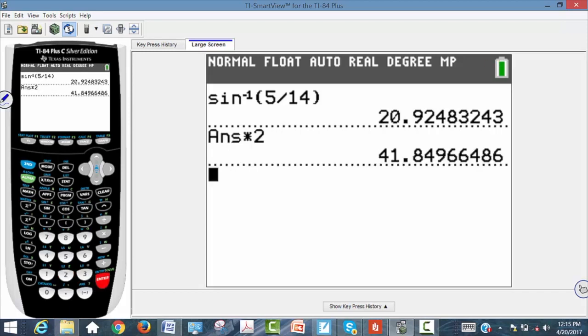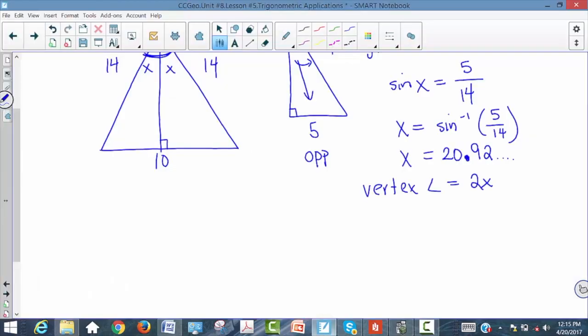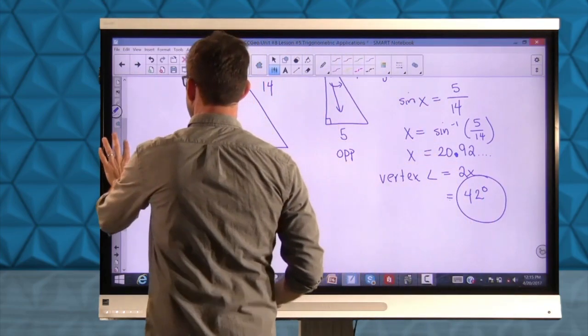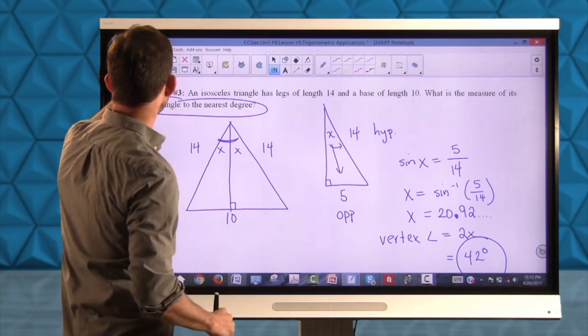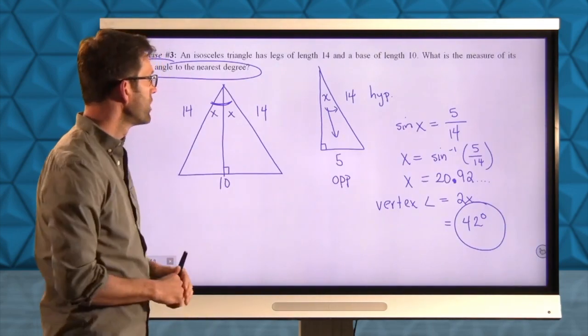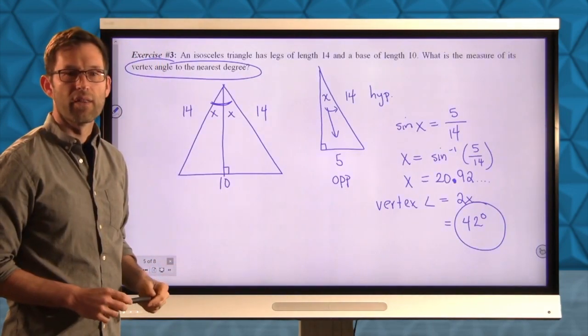Not surprisingly, I'm going to get a rounded answer of 42 degrees, 41.849, etc. So 42 degrees. All right. Let me go back into full screen so you can write down anything you need to.